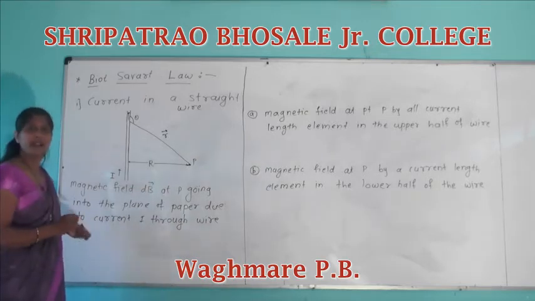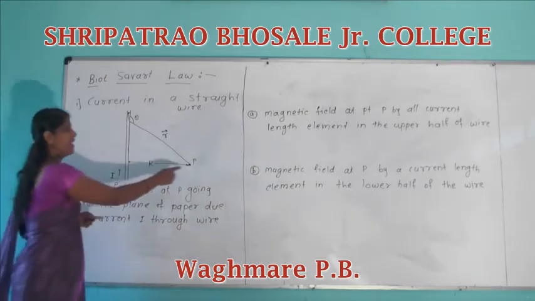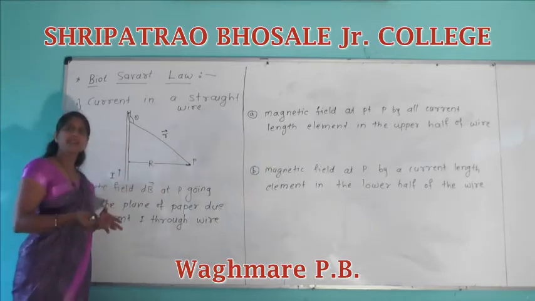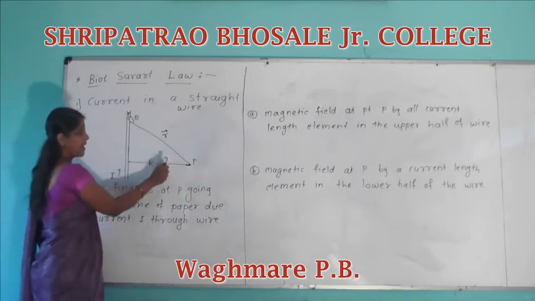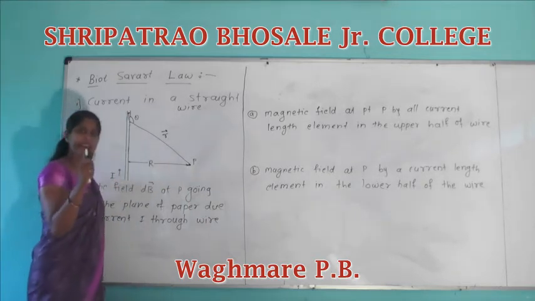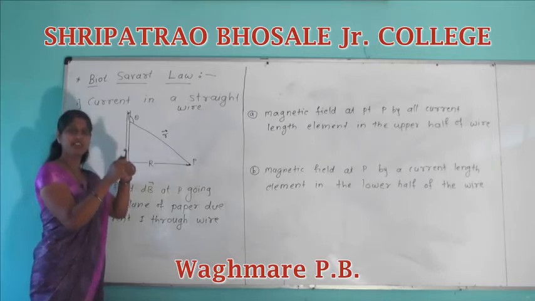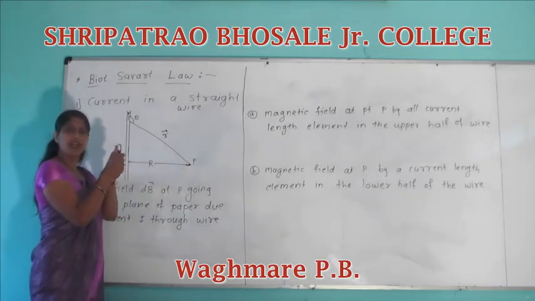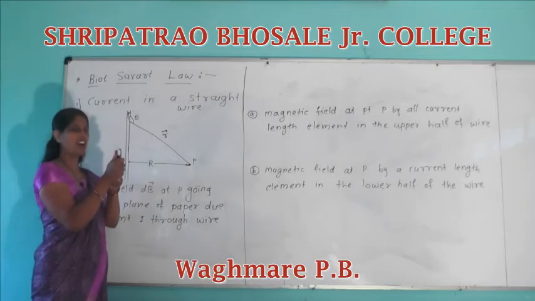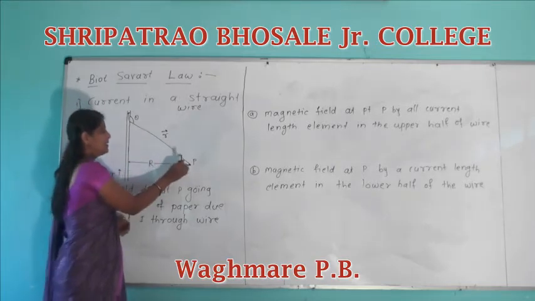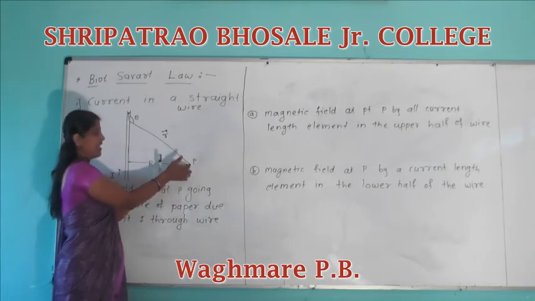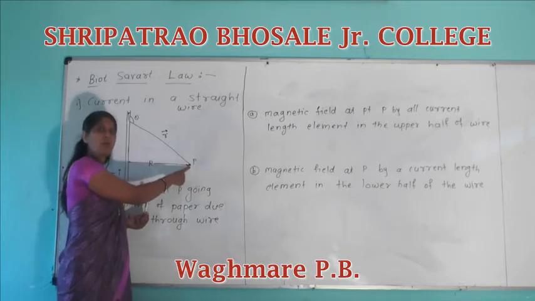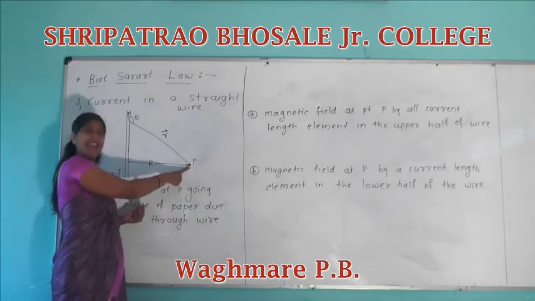Now we have to find the direction of the magnetic field at this point. Considering the right hand thumb rule, when we hold the conductor in the right hand, the thumb points in the direction of current, and the fingers at this point curl in the inward direction. Therefore, the magnetic field at point P will be inward.